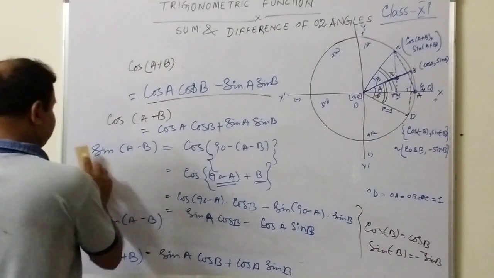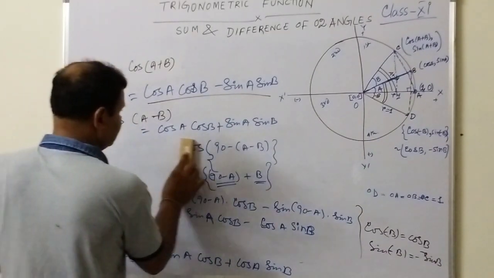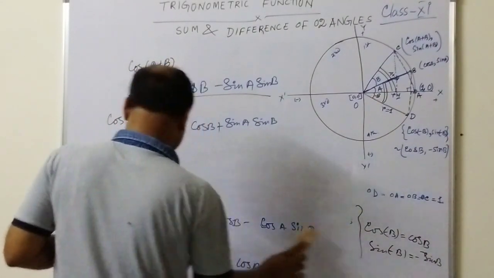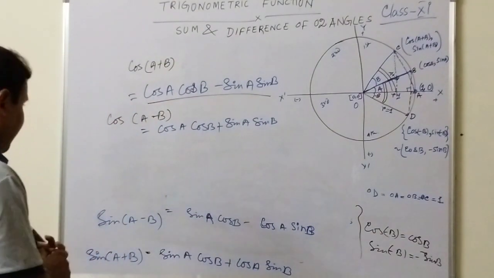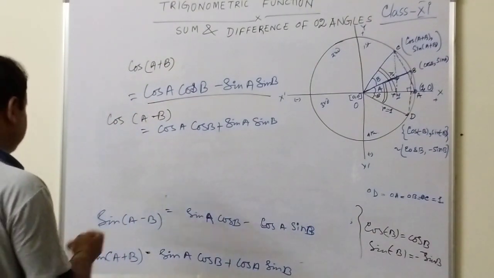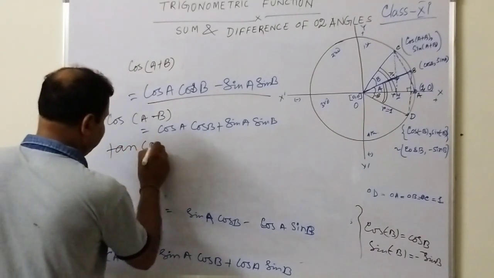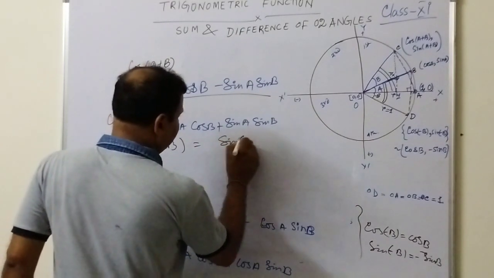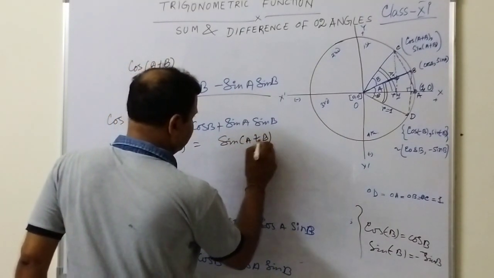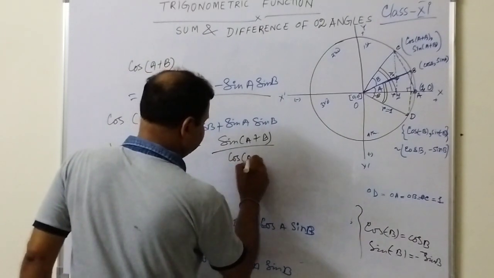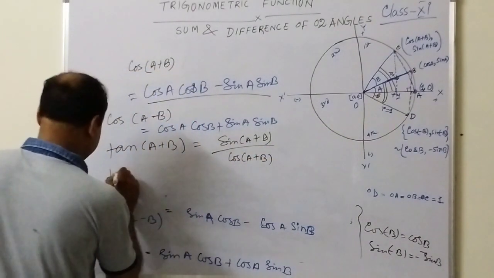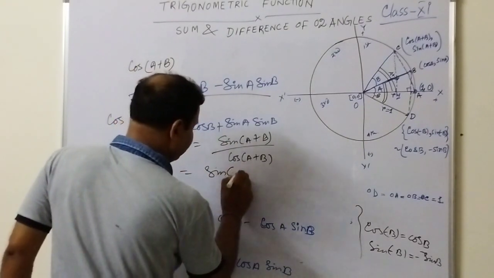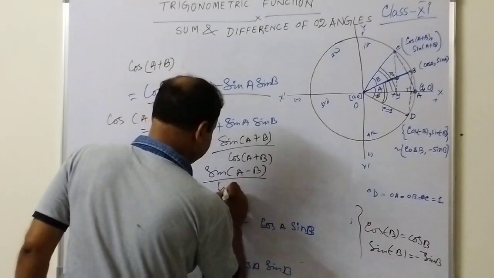So these are the basic trigonometric addition and difference angle functions, and from this we can find tan(A plus B). Tan(A plus B) is sin(A plus B) over cos(A plus B), and tan(A minus B) is similarly sin(A minus B) over cos(A minus B).